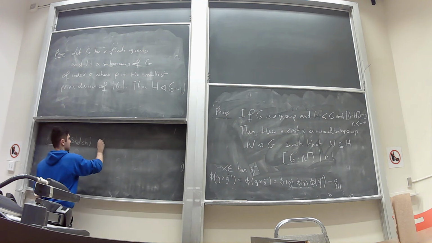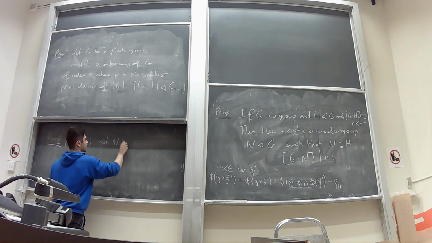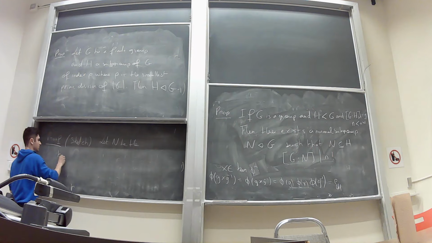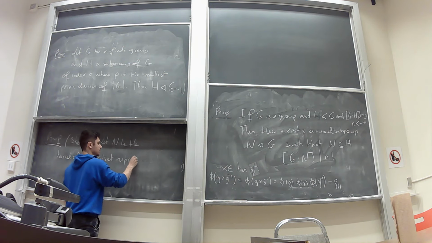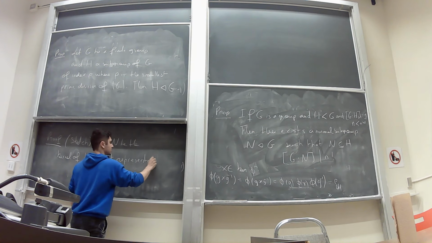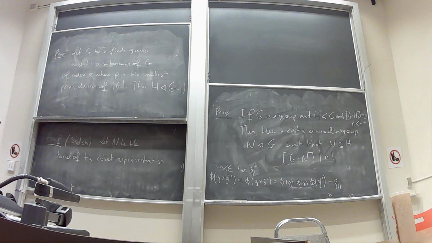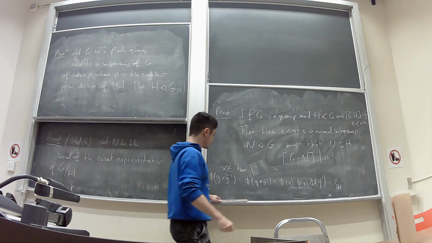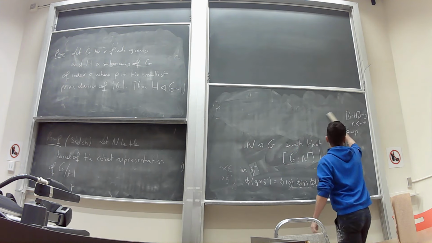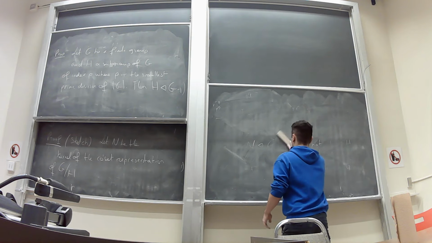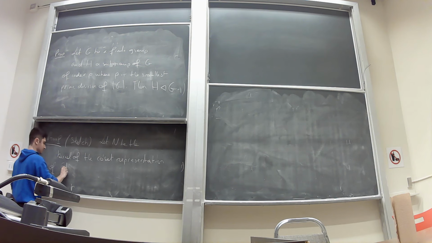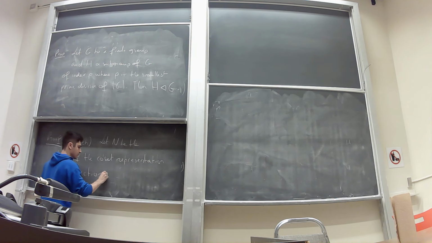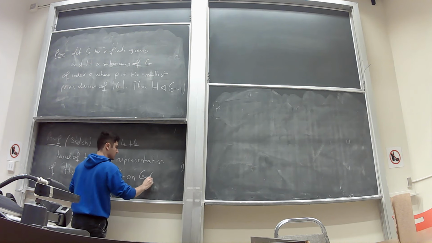Let N be the kernel of the coset representation of G mod H. Or you know what, let's be more clear, of the action of G on G/H.